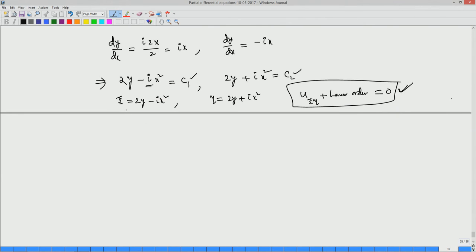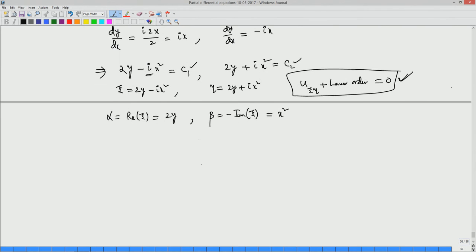So, what we do is alpha as the real part of xi, so that is 2y, and then beta equal to the imaginary part of xi, or imaginary part of eta, anything you can choose, minus imaginary part of xi you can consider, because I do not want to work with minus. So, you have x square, anything you can choose, does not matter. So, beta is imaginary part of xi, that is minus x square. I do not want minus x square, so you can take minus eta. So, you can work with any of these things.